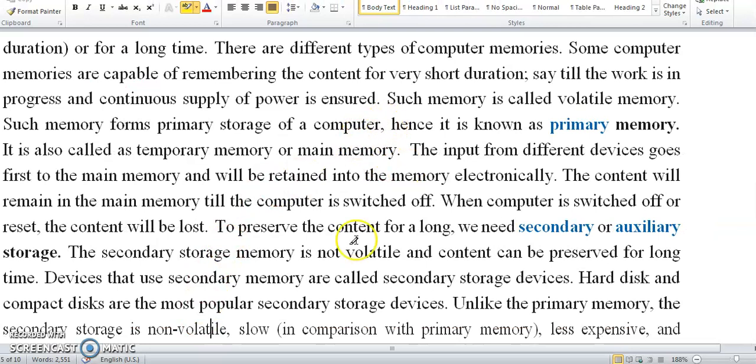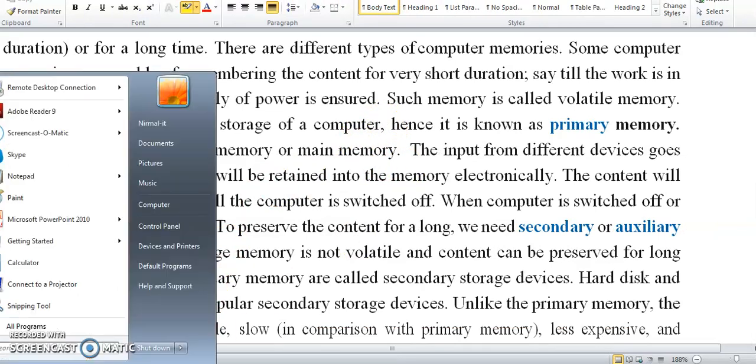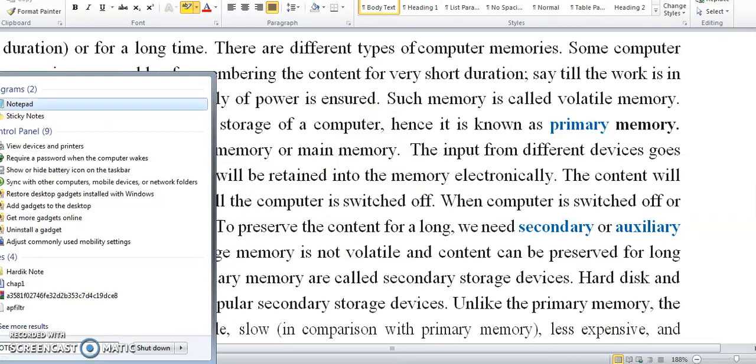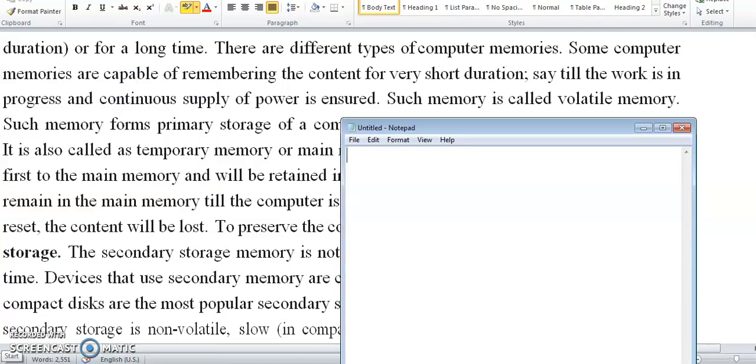See, now I also give you another example. Suppose I am writing here, this is an example, and at the time of writing this line, the power is lost.